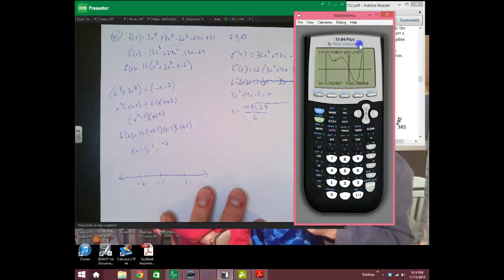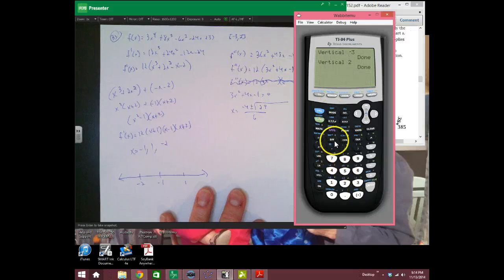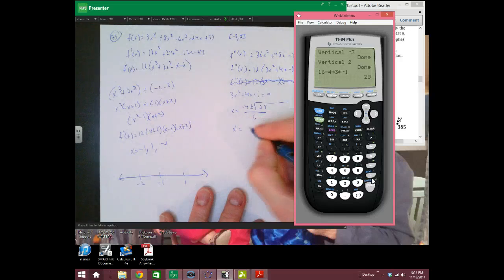Just make sure I did that arithmetic real quick. 4 squared, which is 16, minus 4 times 3 times negative 1. And then if I do break that down, it's actually negative 4 plus or minus 2 root 7 over 6, which is negative 2 plus or minus root 7 over 3.